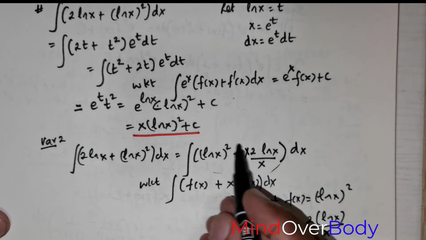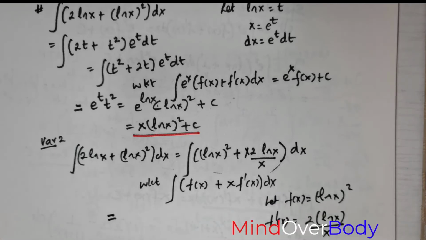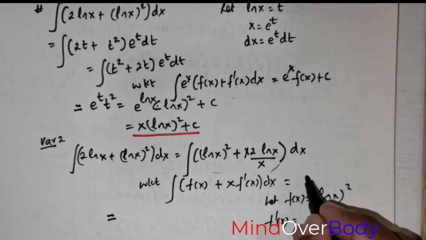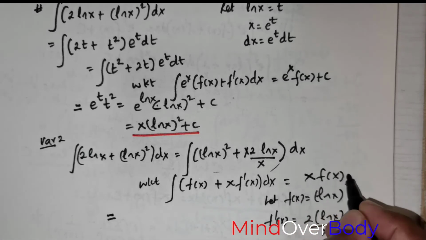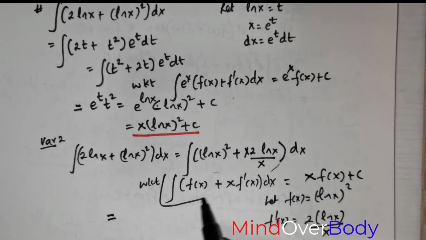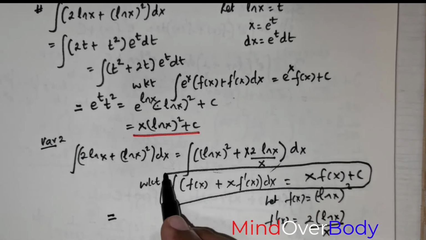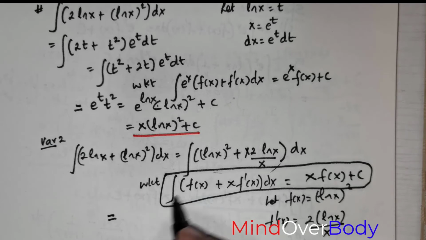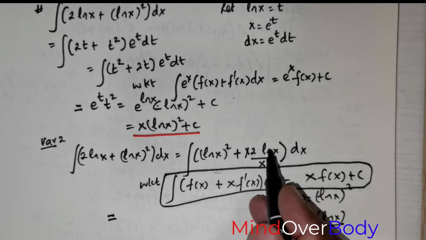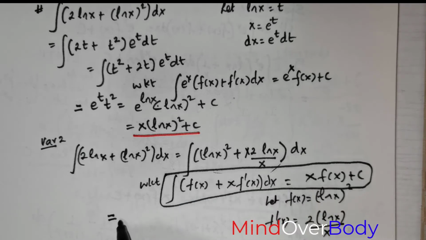So clearly I can rewrite this entire quantity as x times f of x plus c, right? That is the case that we looked into. Hence, using this, the solution can now be written as x times, this is my f of x, ln x raised to the power of 2 plus an arbitrary constant.